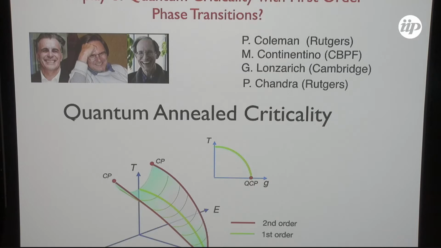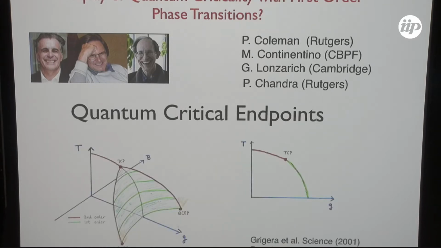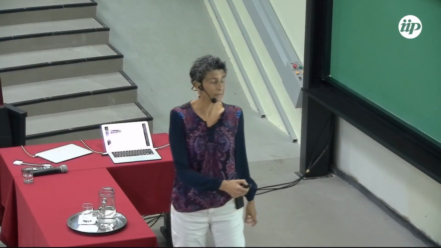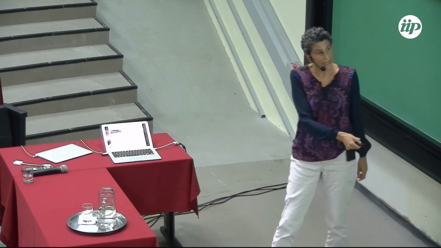Now, just to put this in context, what's been known about this question before, the interplay of quantum criticality with first-order phase transitions? Well, there's some beautiful work that involved our collaborator Gil Lonzarich, which actually had the opposite situation, where at T equals 0, one had first-order transitions in magnetic metals.